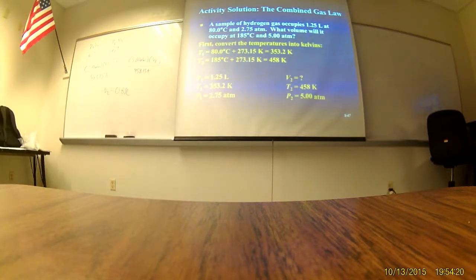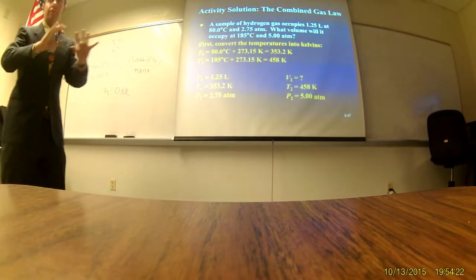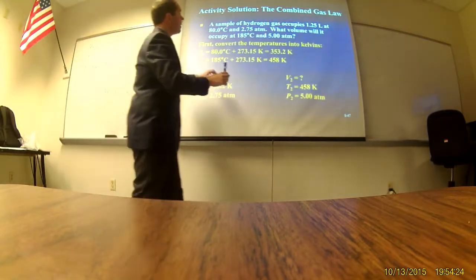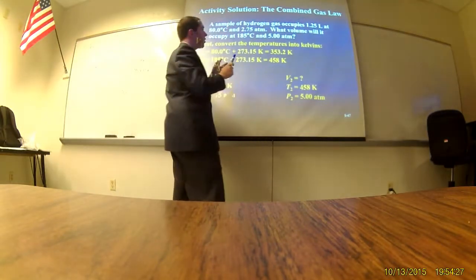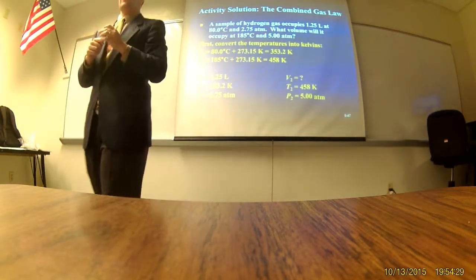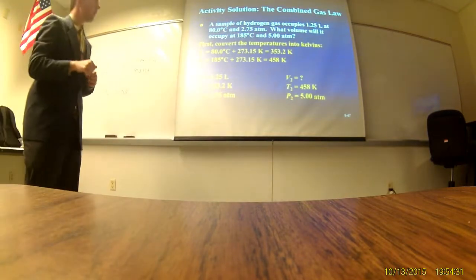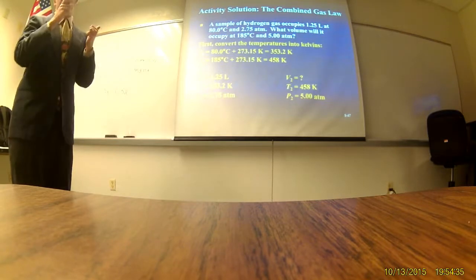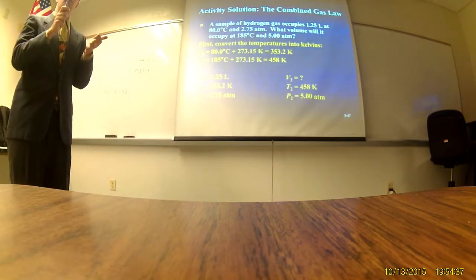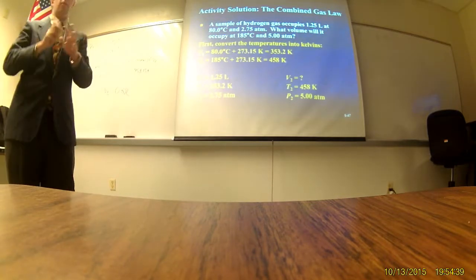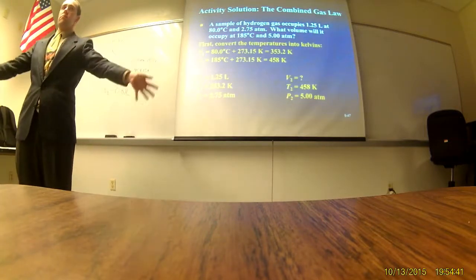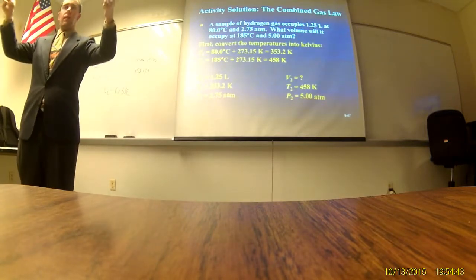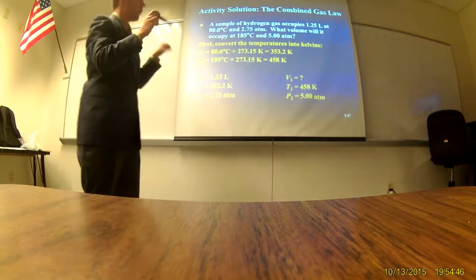So, looking at one thing at a time, okay? Did our temperature go up or did our temperature go down? It went up, right? So if temperature went up, would our volume go up or down? Ignoring everything else, volume would go up. Did our pressure go up or down?